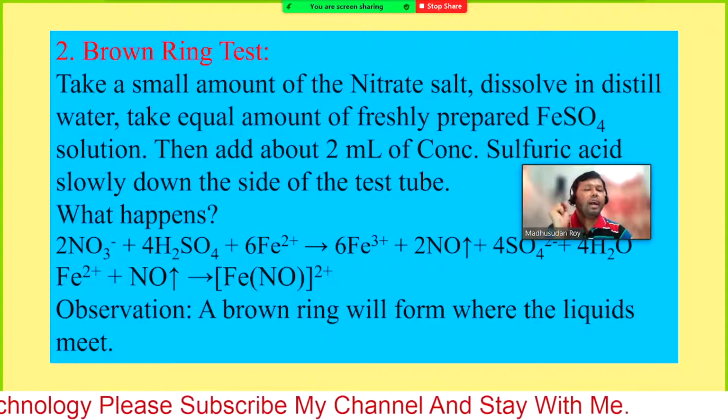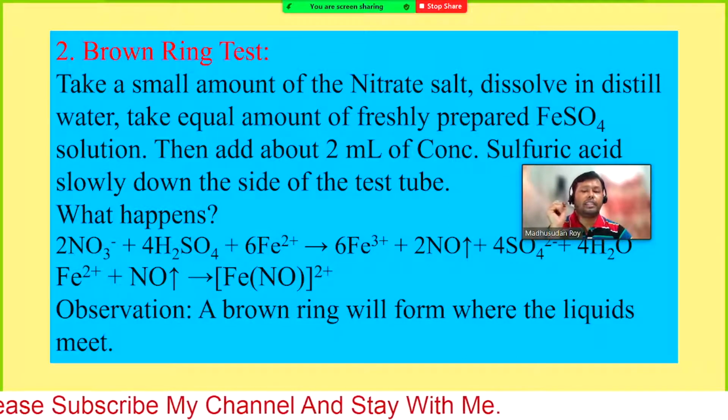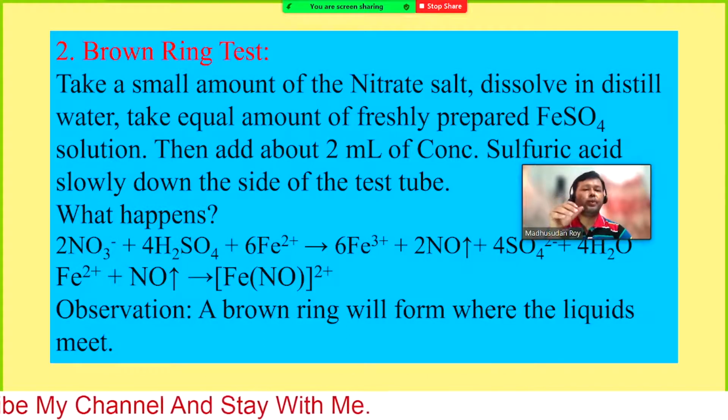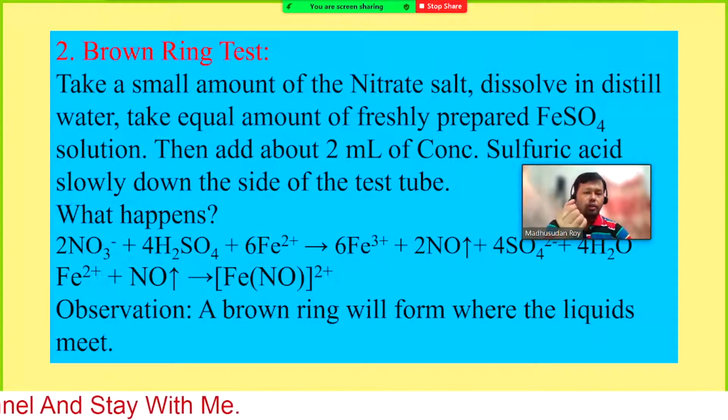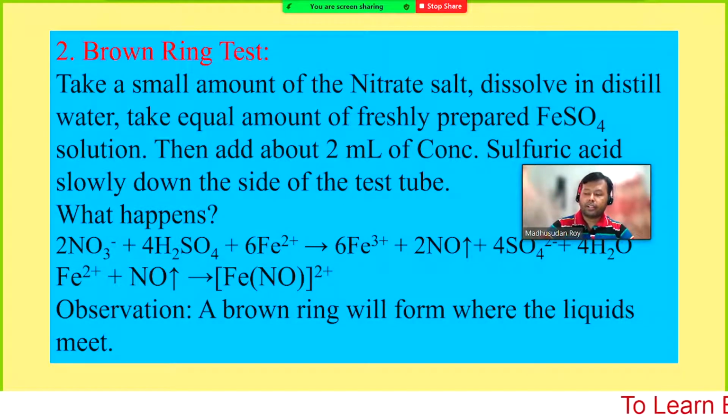How do you have to add the sulfuric acid? You have to add the sulfuric acid very slowly through the side of the test tube. Take the test tube, bend it and hold it like this way, and then add the sulfuric acid along the side of the test tube. But do not hold the test tube like this.